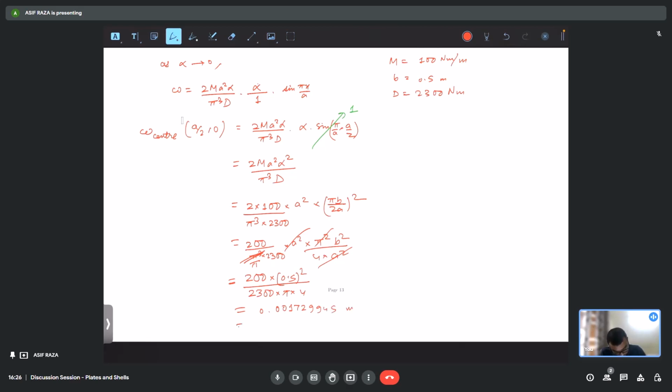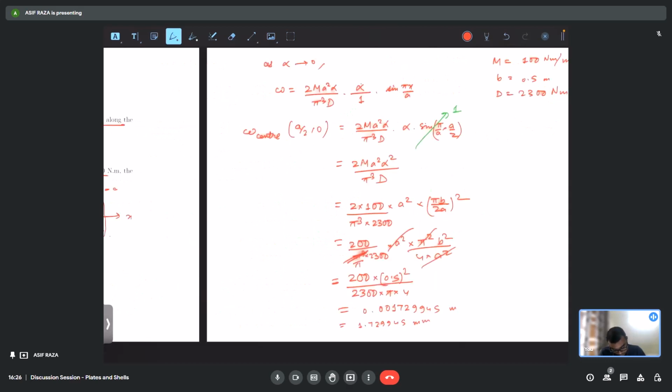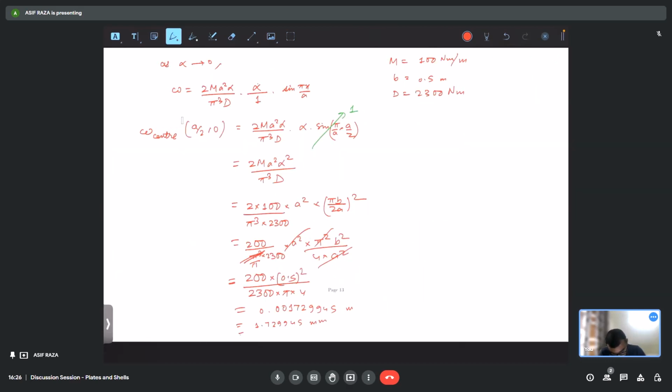So it's equal to, we say, 1.729945 millimeter. Up to second decimal place, W center is equal to 1.73 mm. So this is the final answer. So finally, W center is equal to 1.73 mm.